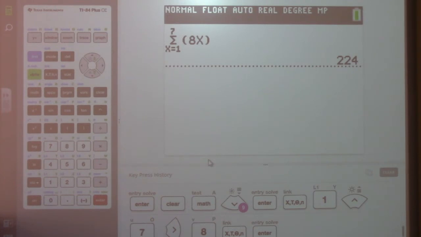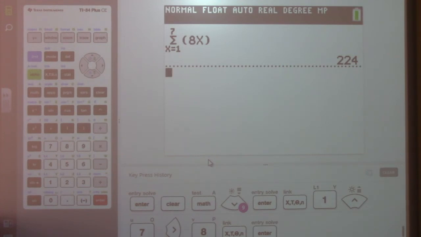And so what is the process that's making this happen? What is the calculator doing to spit out 224? What does that summation mean? Okay, I'll tell you what it is.